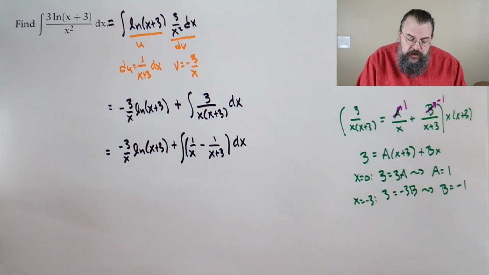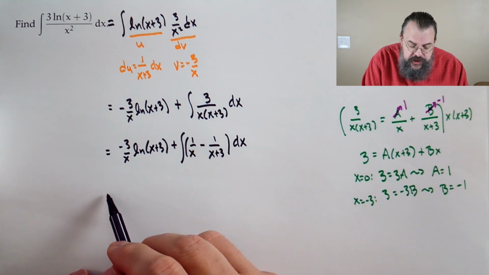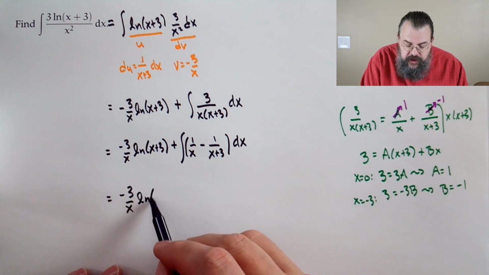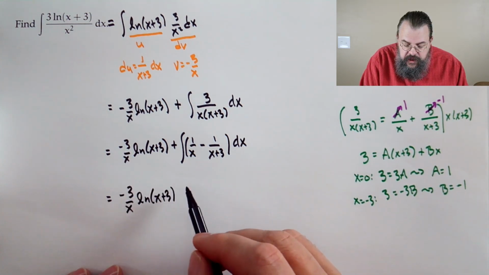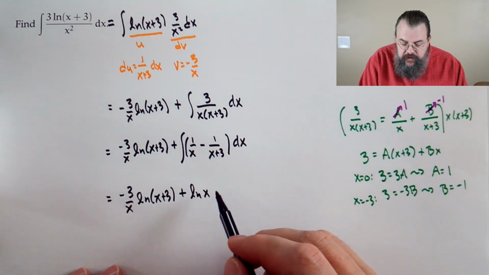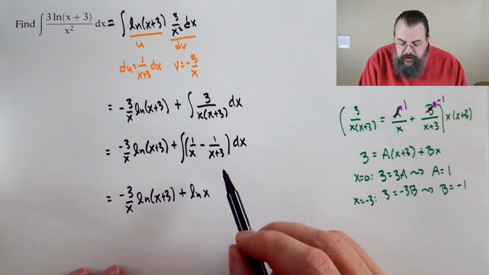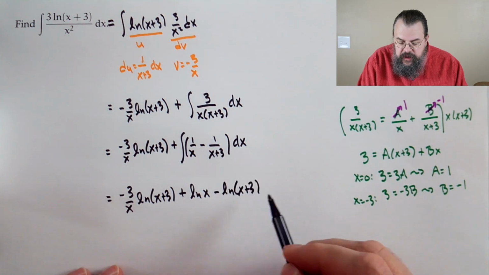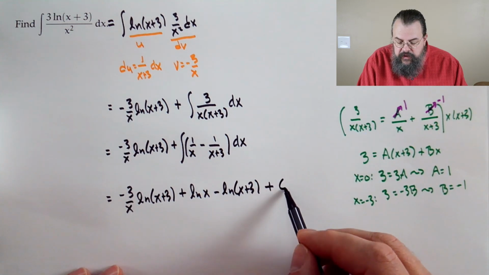And now we're in our home stretch. So minus 3 over x natural log x plus 3 plus integral of 1 over x is natural log x, and then minus integral of 1 over x plus 3 is minus natural log x plus 3, and plus C.